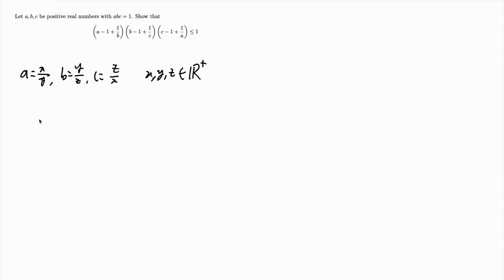Now, I wrote it like this instead of x over y because in Korea, you say the denominator first. So in English we say y over z, but in Korean we say x 분의 y. So it's like x and y for some reason. I wrote it like this, but this caused a huge problem later.